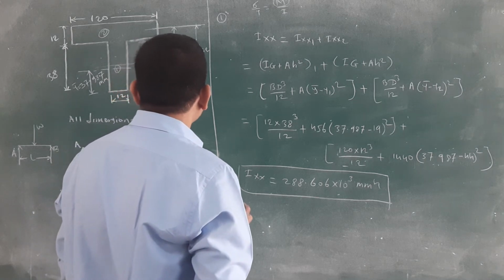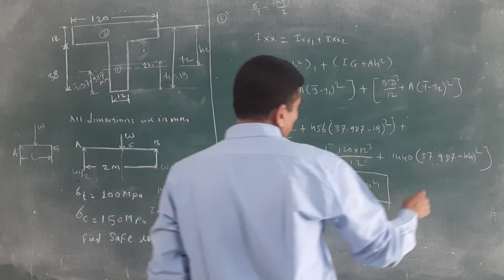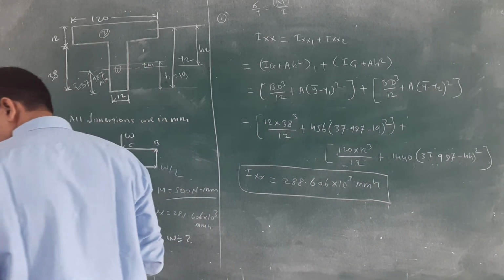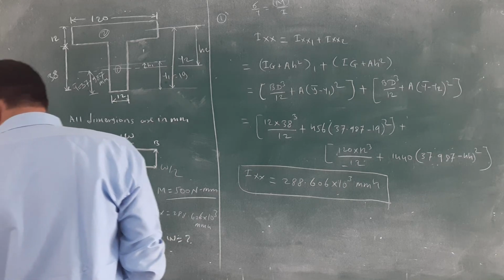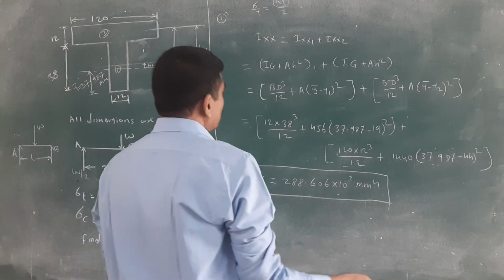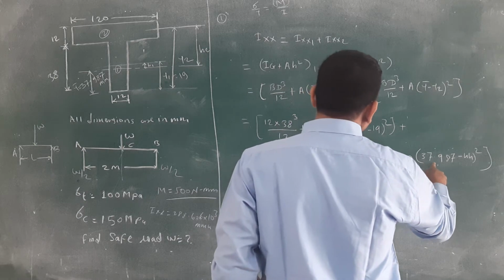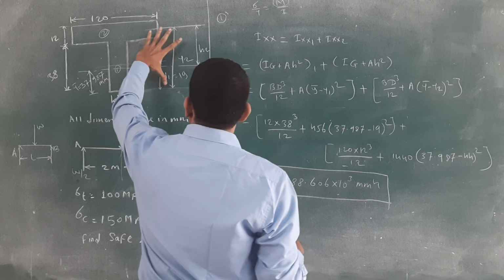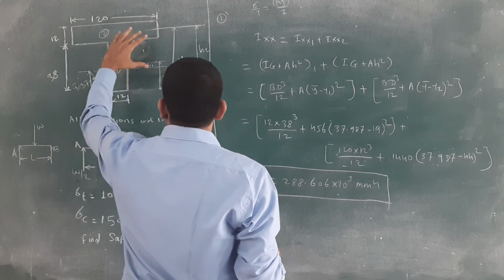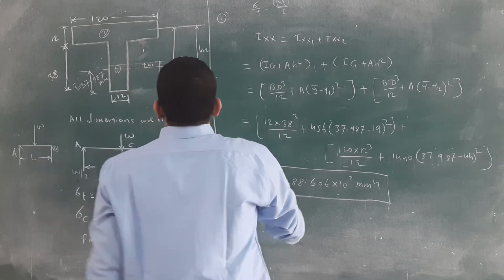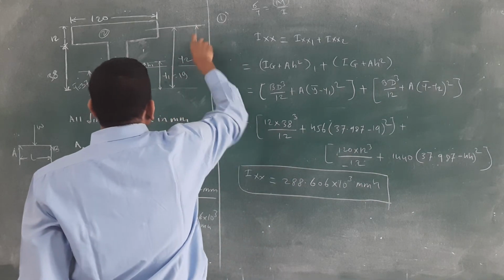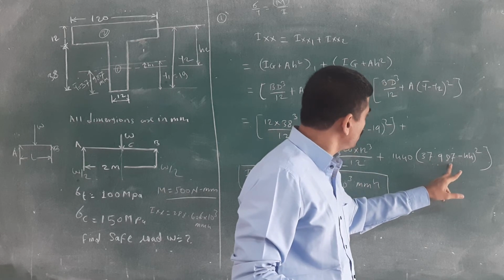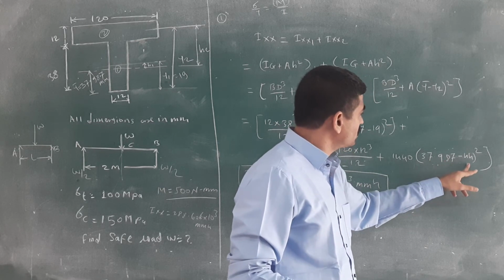You can subtract from this 44. What is the y2 value? We have calculated y2 is equal to 44. And where will we get the h2? 37.987 minus this 44, the remaining value is what you will get for h2, or you can write 44 minus 37.987, that is y2 minus y bar.